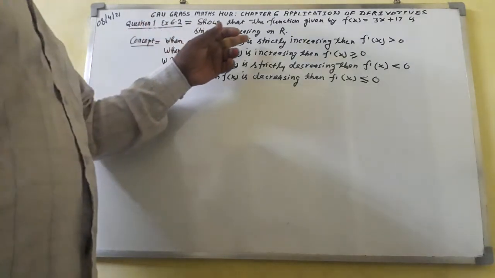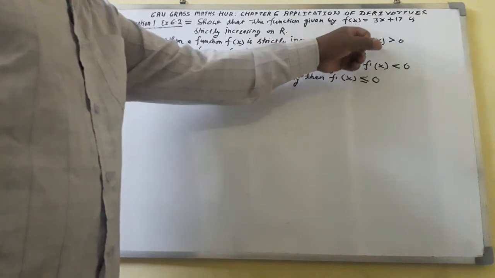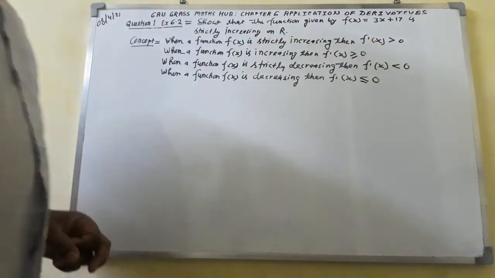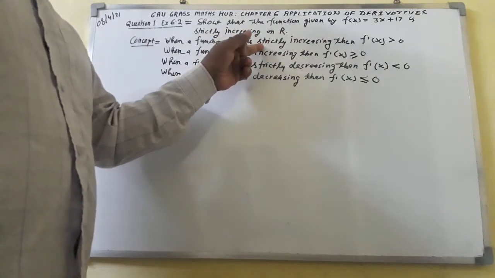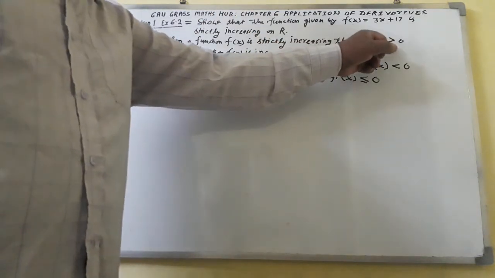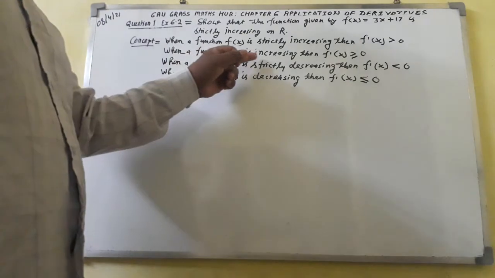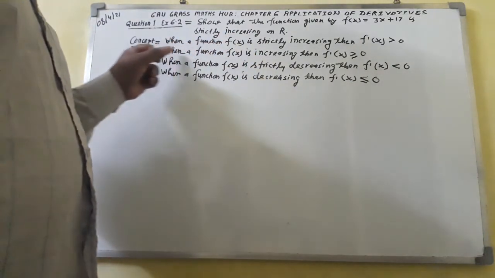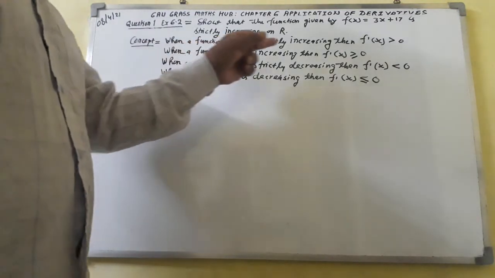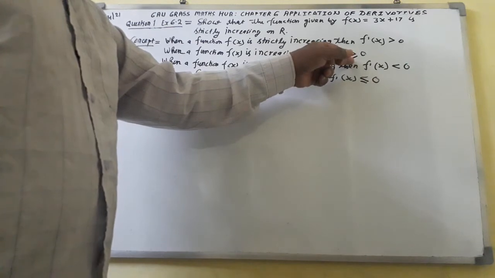When a function f of x is strictly increasing, then f dash of x is greater than 0. Here the word strictly is written, that's why only the greater than symbol will be written. When a function f of x is increasing, the word strictly is not added in concept number 2, that's why f dash of x is greater than or equal to 0.